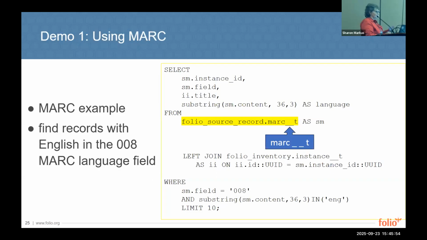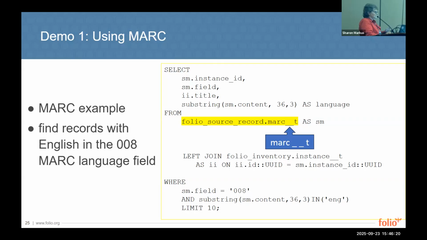All right, now a little more into MARC. So MARC is supported, and it is the MARC table, MARC underscore T, which is current and transform. That's going to be the most common table that you use for MARC, in the FOLIO source record schema. And so this is just a quick example of how you would use MARC data.